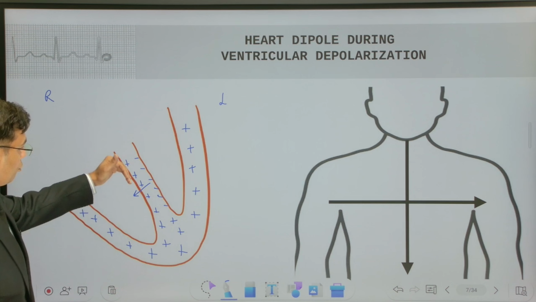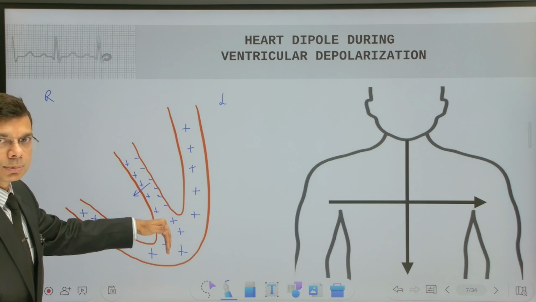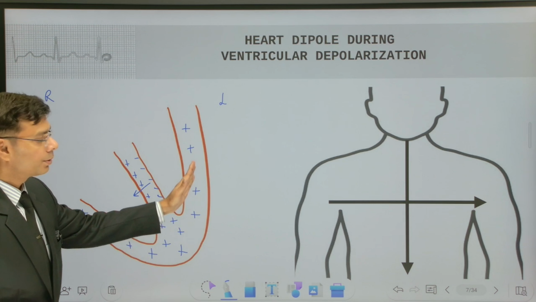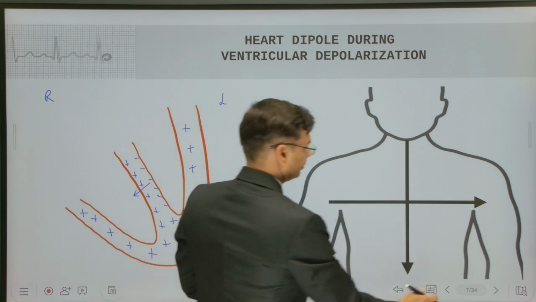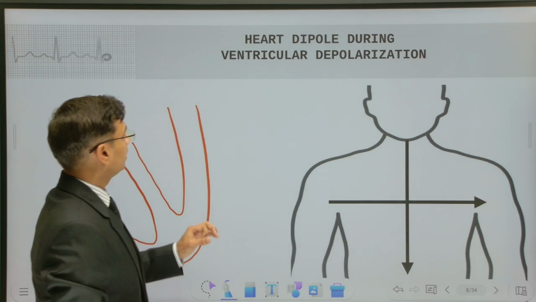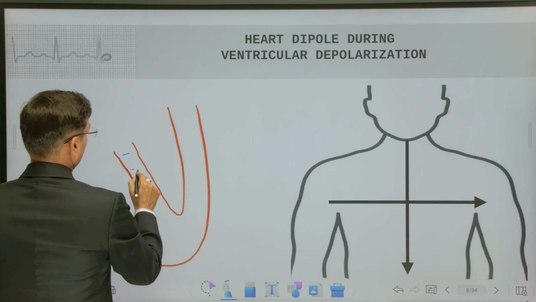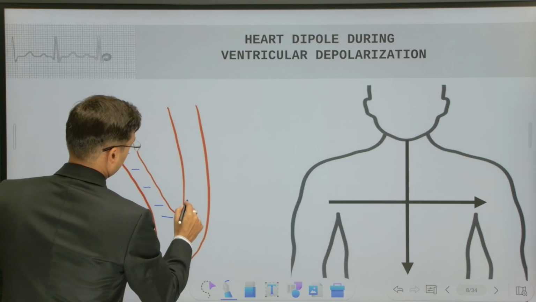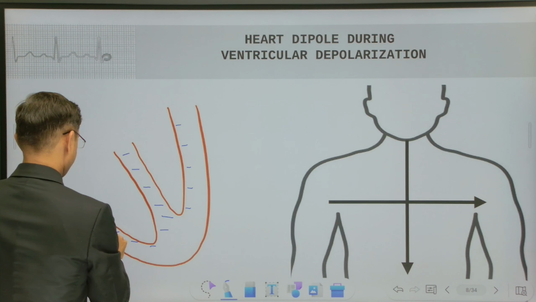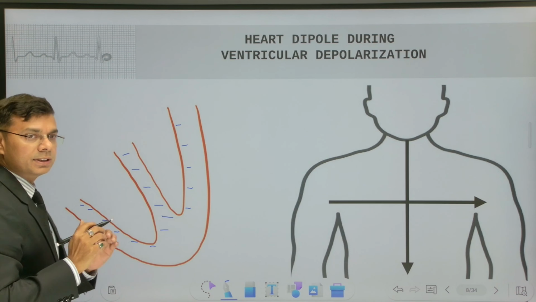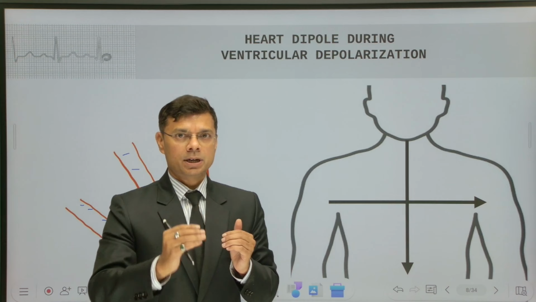And gradually we have seen the impulse will move towards the anteroseptal side, and gradually it moves towards the base of the ventricles. So we can think, let's say depolarization is still going on. So what we can write, let's say this whole portion got depolarized, and we have seen depolarization starts from the endocardial towards the epicardial side.